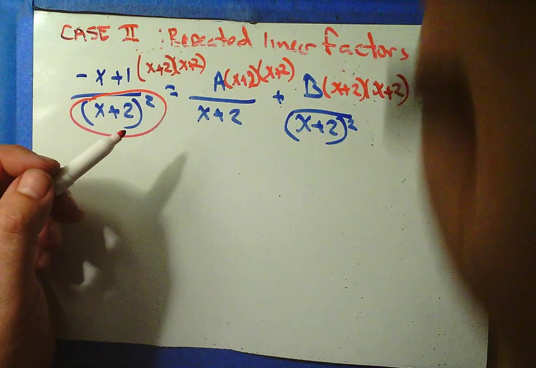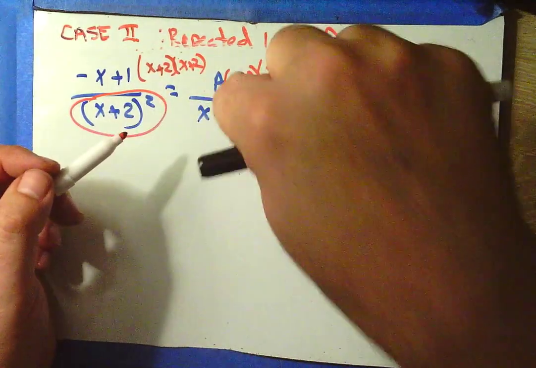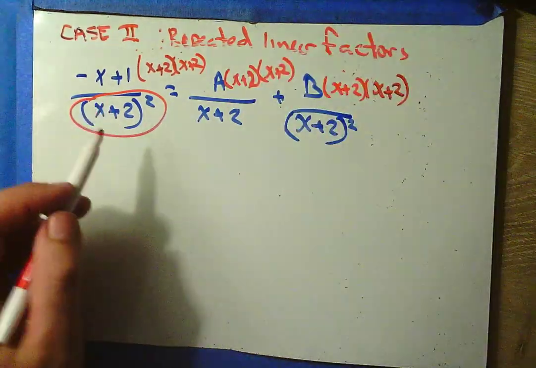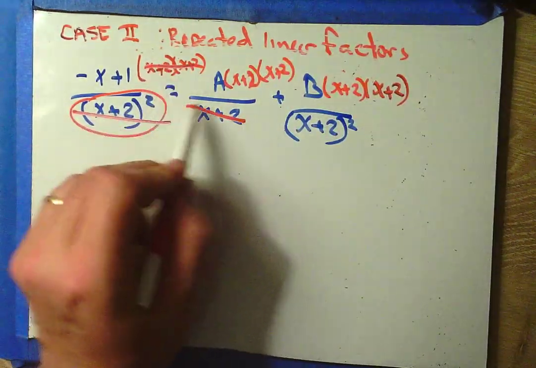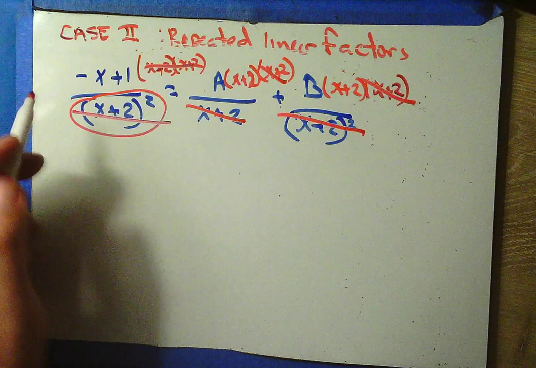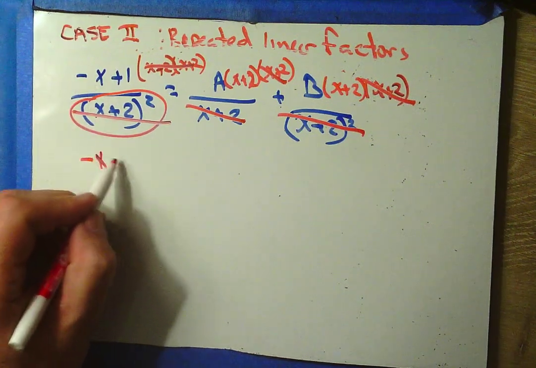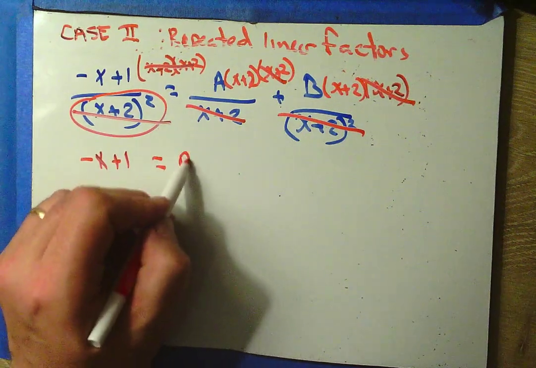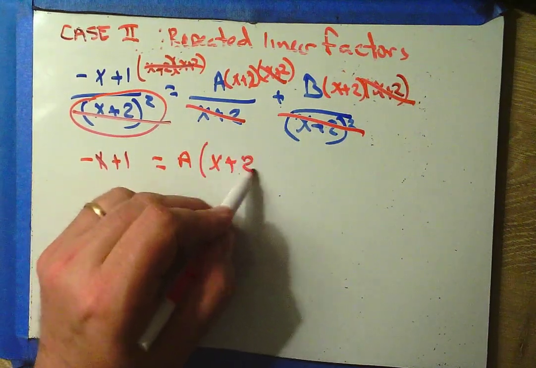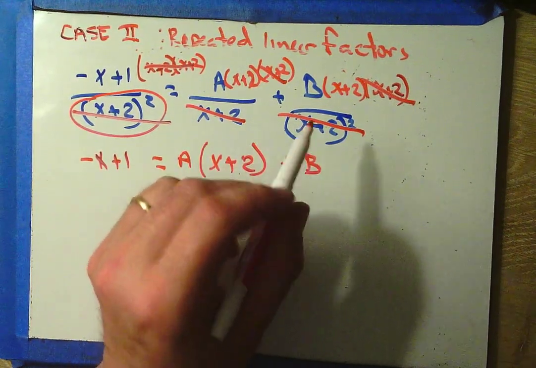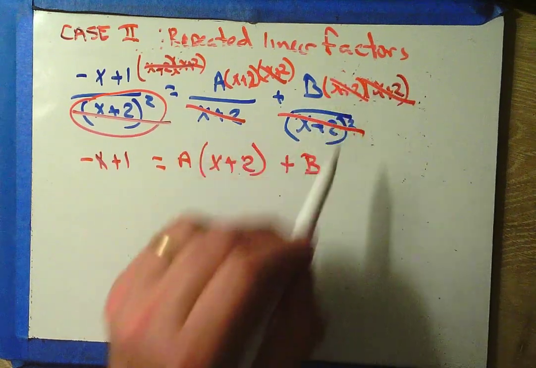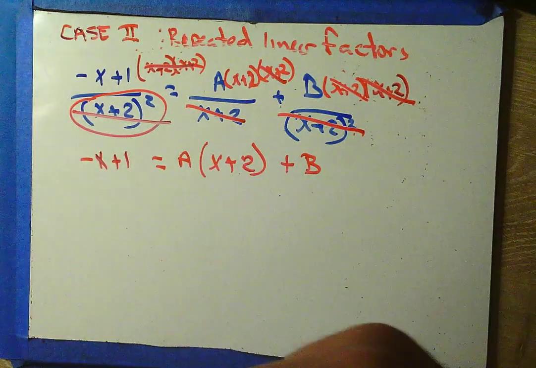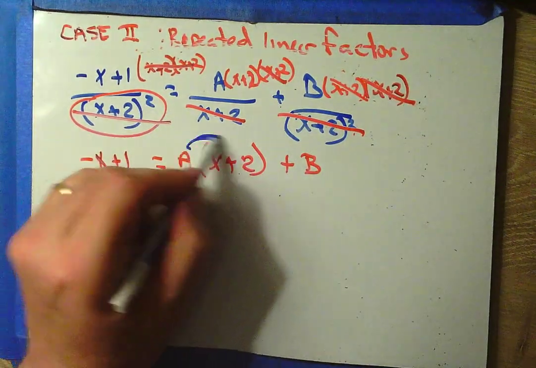I would write this out, because really a lot of mistakes happen here when people build the wrong equation without fractions to solve. So we've got negative x plus 1 equals a times x plus 2 plus b, because both of these cancel with both of those. I'm going to use systems here, and remember with systems we distribute.